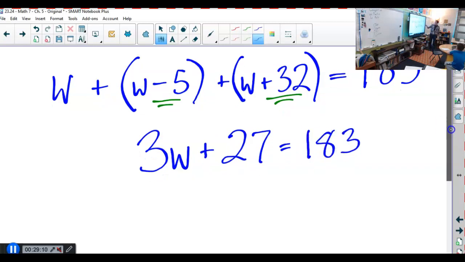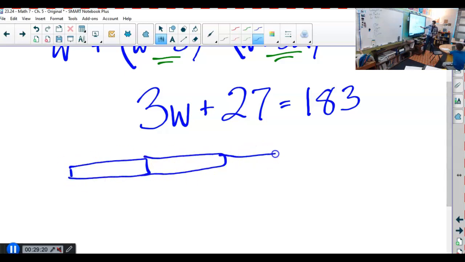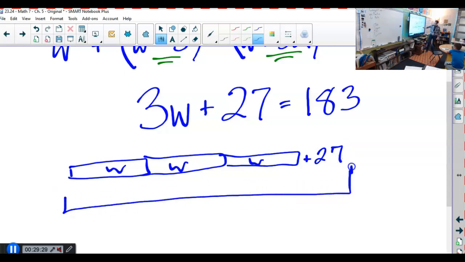Hey guys, remember yesterday with the boards? Like our problem with the 3 boards, and like the 3 short boards and the long board? Stick with me. If you want to draw this on your paper, feel free. What we just said is 3W plus an extra 27 will equal 183.